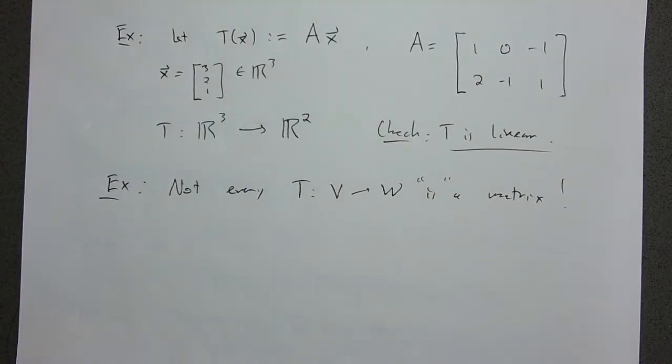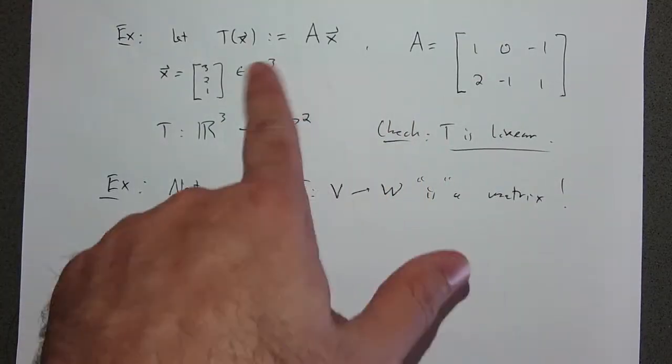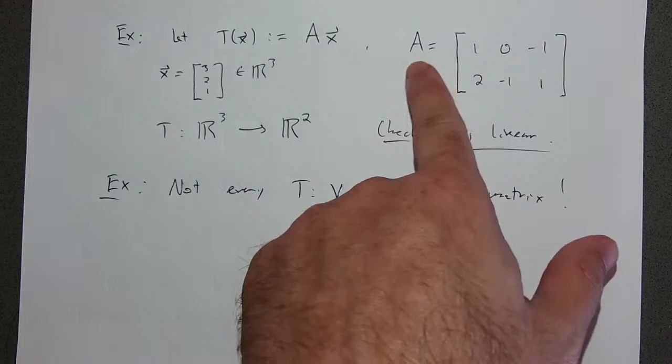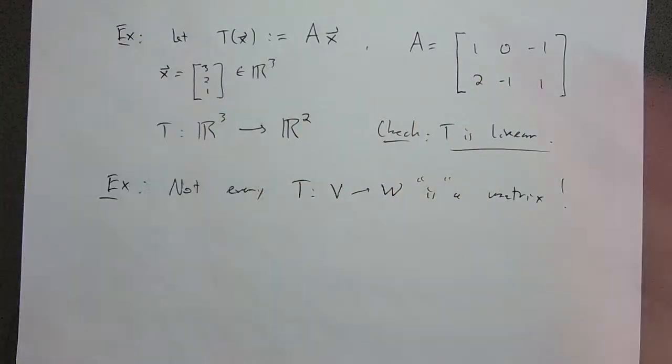We mean it has some matrix that represents it, in the sense that I can use this matrix A to attain what it is that T does on all points. We would call that the standard matrix for T, and we'll talk about that in a second. But not every linear transformation is given by a matrix in this way.